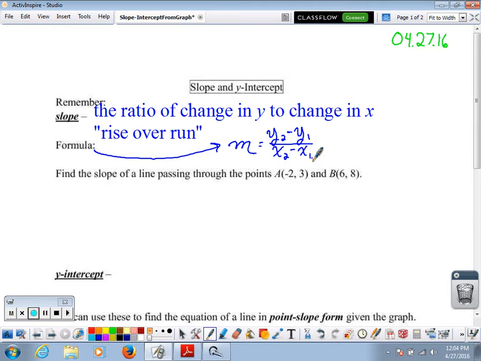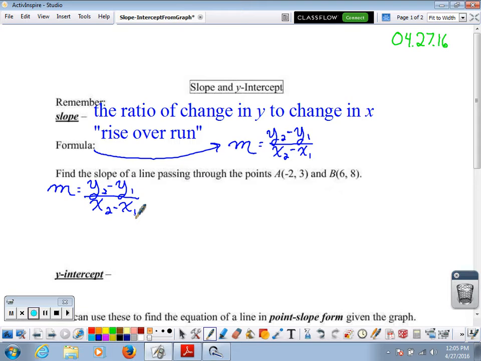Now, if I want to find the slope of a line passing through these 2 points, point A, which is negative 2, 3, and point B, which is 6, 8, first off, every time I use any formula, we write that formula down: Y2 minus Y1 over X2 minus X1. What else do we want to make sure we do before anything else?